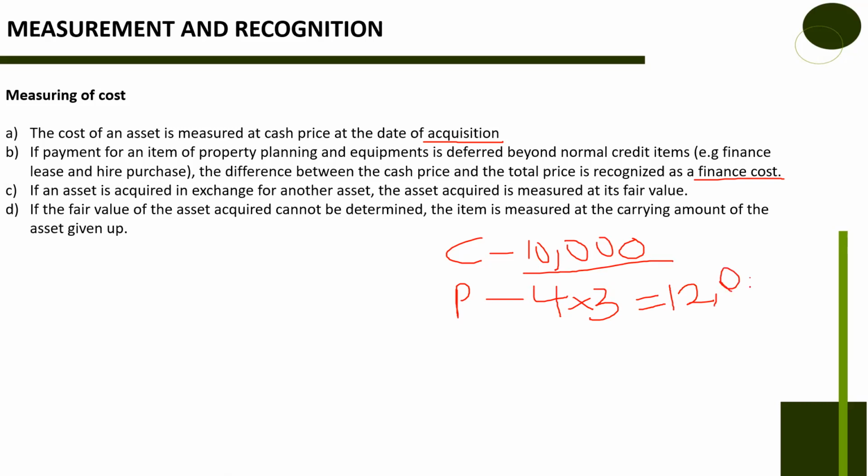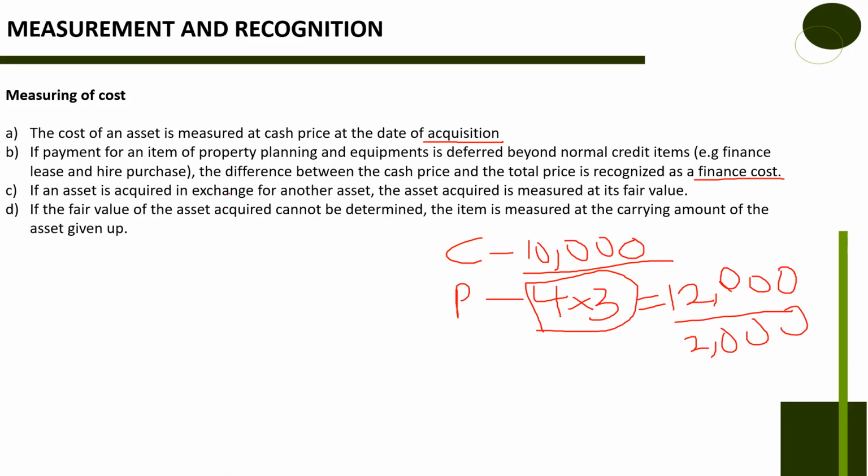So what this means is that the cost at the date of purchase is still 10,000. This part here is how you desire to break it down. So the difference between this amount and this amount will be a finance cost. Will be what? A finance cost. And this one will be expense.